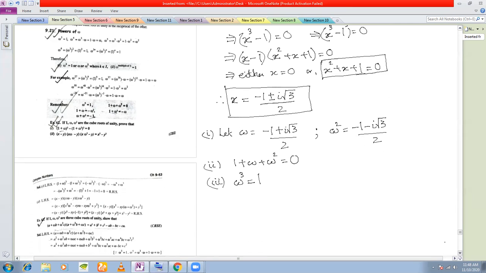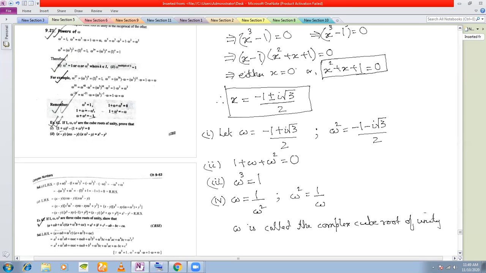And the fourth property is that omega is the reciprocal of omega square and omega square is the reciprocal of omega. These four are very, very special properties. Omega is called the complex cube root of unity.